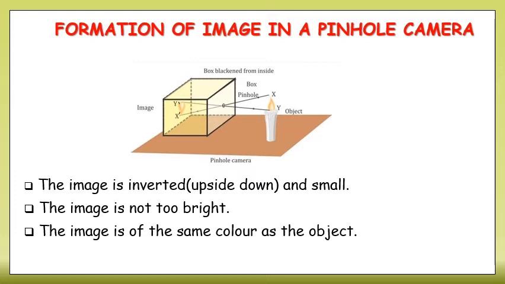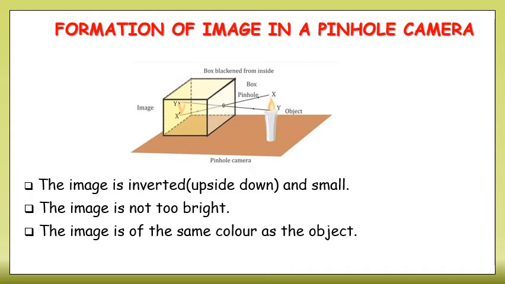Similarly, light from the lower point Y of the wick passes through the pinhole and strikes the translucent sheet at Y dash. When light from all other points between X and Y passes through the pinhole, they strike the translucent sheet in between X dash and Y dash.